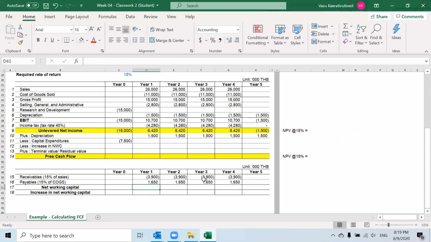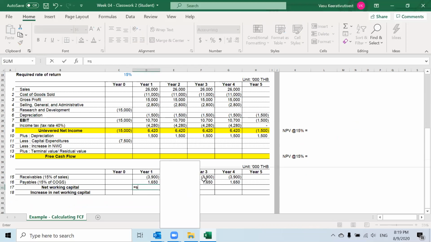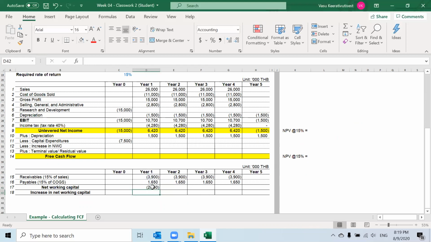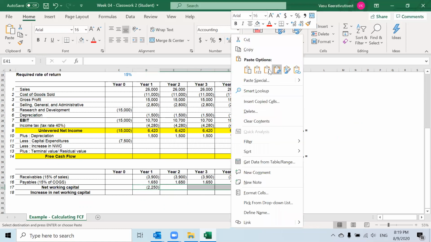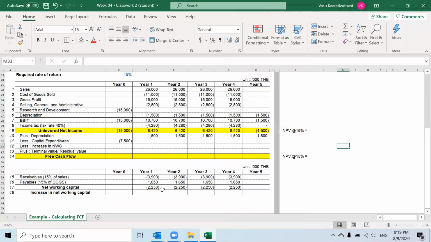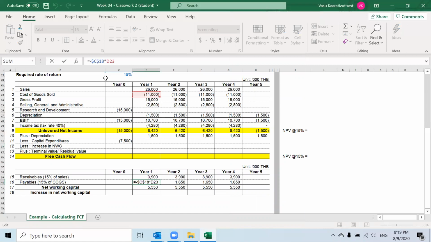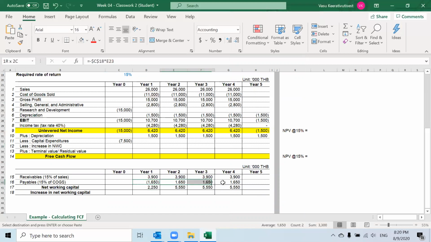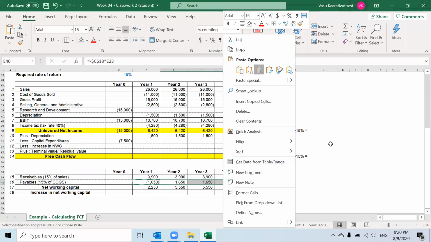So here is your working capital. Oh, sorry, we should put it like this. Okay, that's good. Right now it is almost correct.